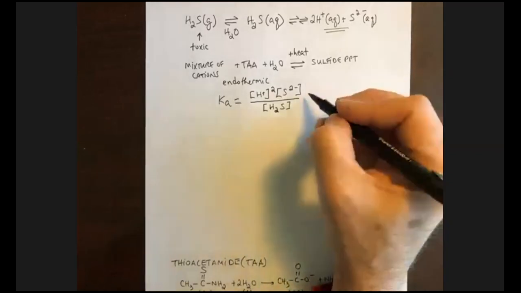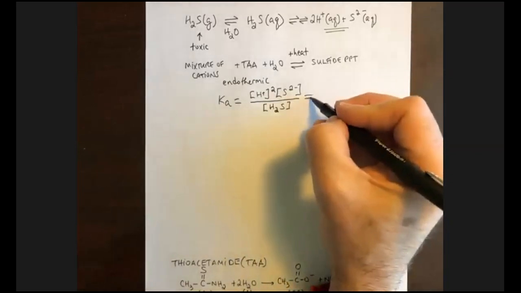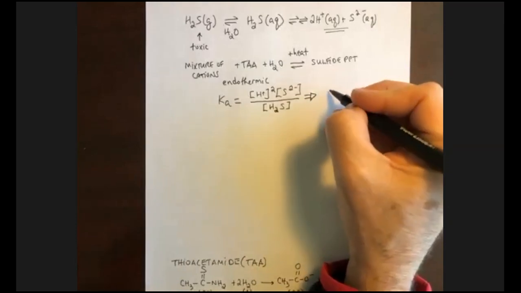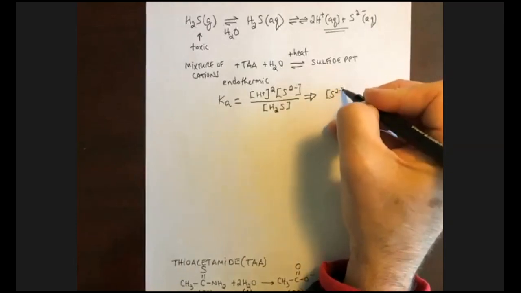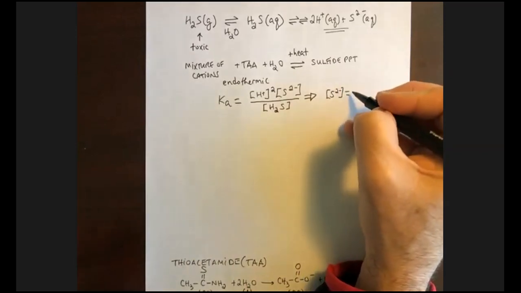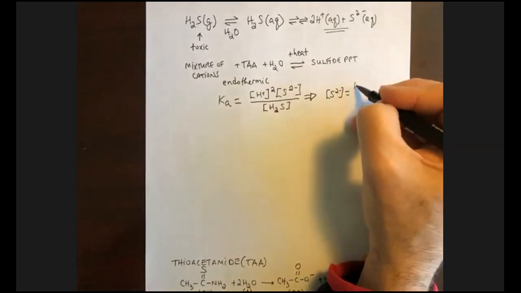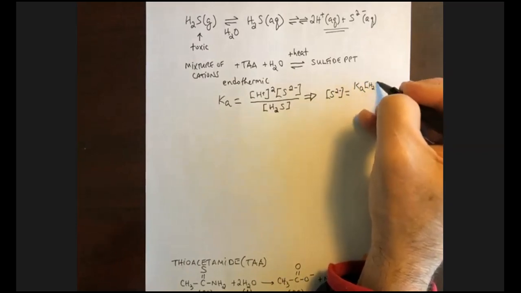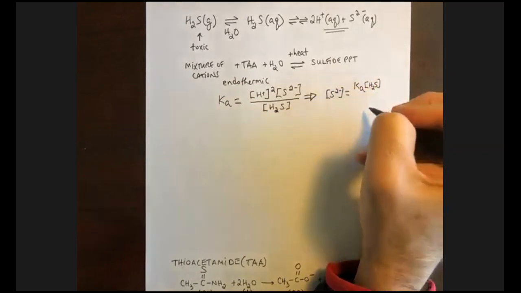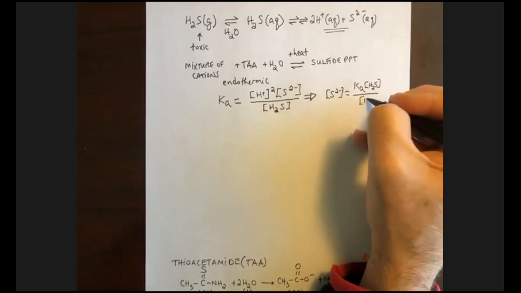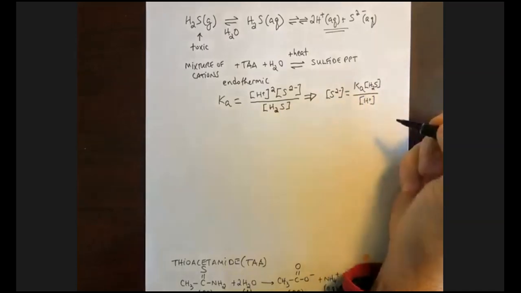Notice that if I rearrange this expression, I get the following. The concentration of sulfide ions would be equal to the Ka times the hydrosulfuric acid concentration divided by the hydrogen ion concentration.